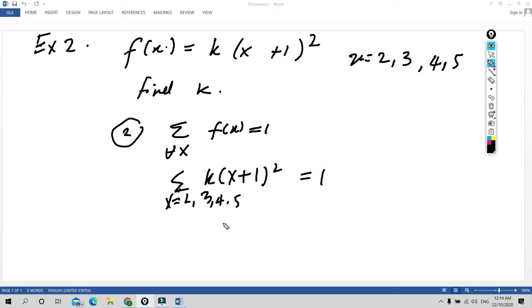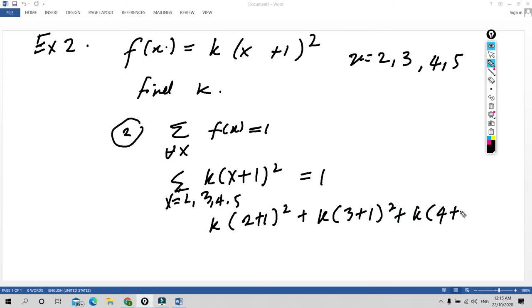So for this case, we have k multiplied by (2 plus 1) squared, plus k multiplied by (3 plus 1) squared, plus k multiplied by (4 plus 1) squared, plus k multiplied by (5 plus 1) squared, equal to 1. So you can solve for this.